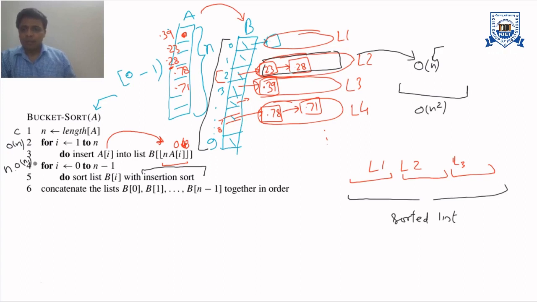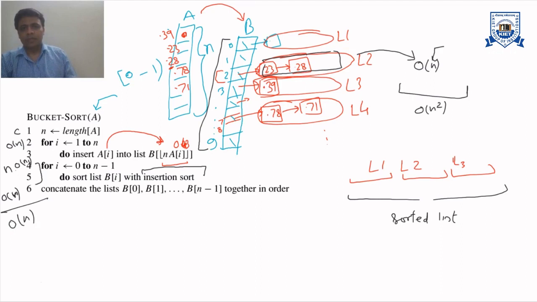In line number 4 and 5, it is n into order of n1, and n1 is the number of elements in a particular bucket, and then we simply concatenate, and this would take again bucket times, so n. So the final complexity would be linear. So that is how the bucket sort would work.